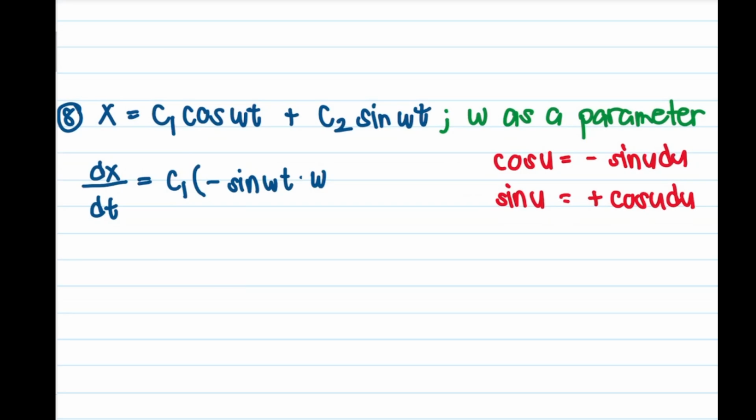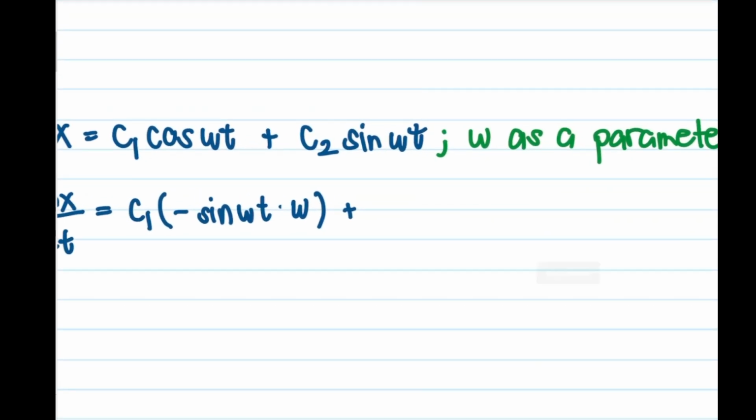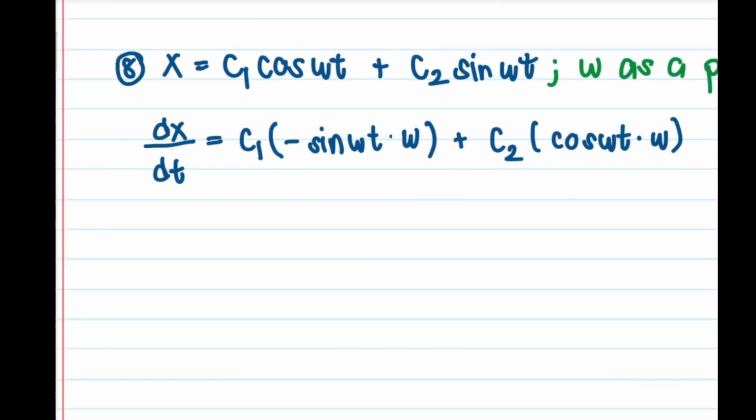Okay, then plus, this one will be, let me erase this already, so that's just a review, plus C2 multiplied to cosine wt multiplied to w. So this one, let's simplify.